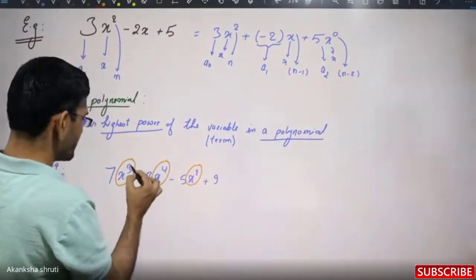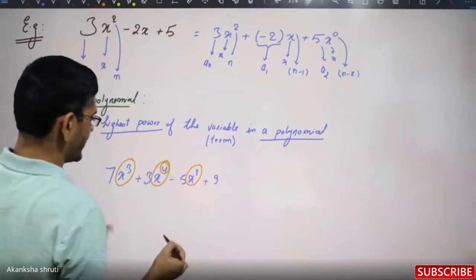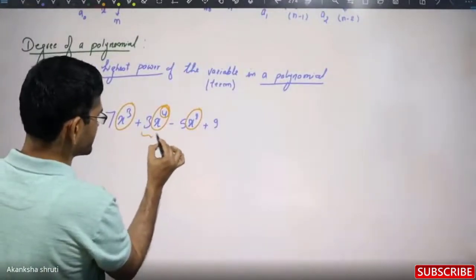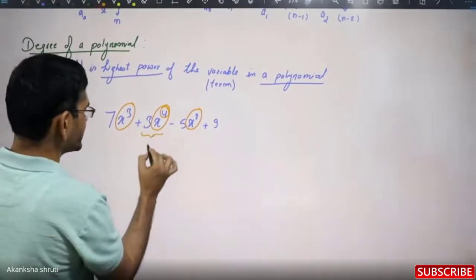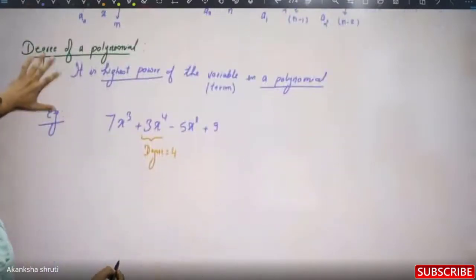Compare x to the power 3 and x to the power 4. So this 4 is the highest, and this gives us the degree. The degree here is 4. Now, including the degree, we have to solve these questions.